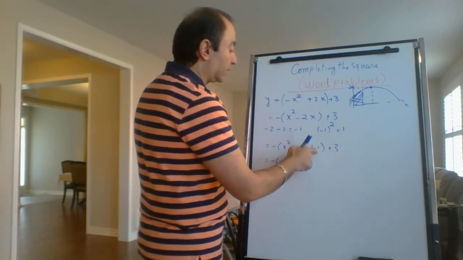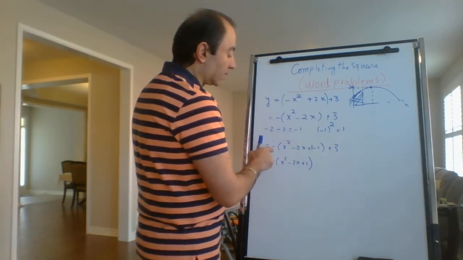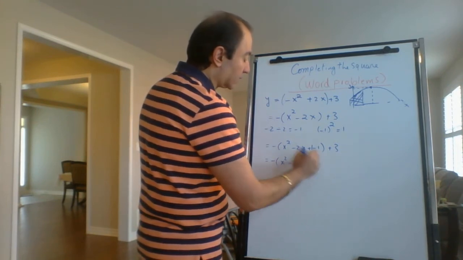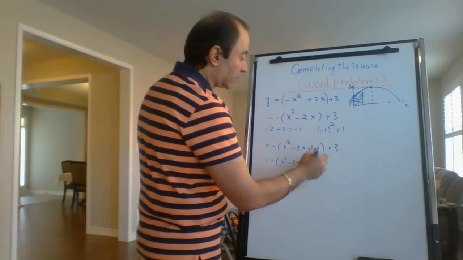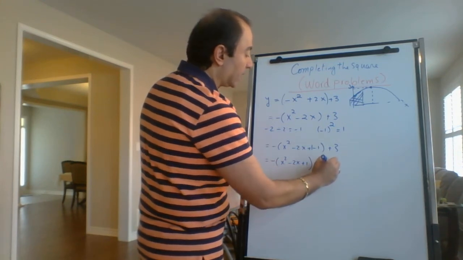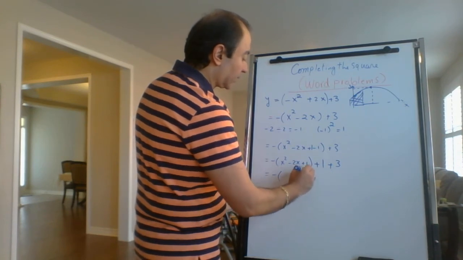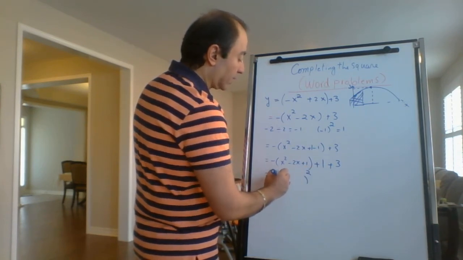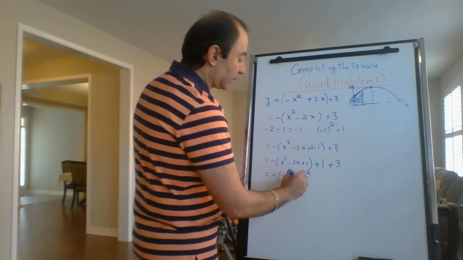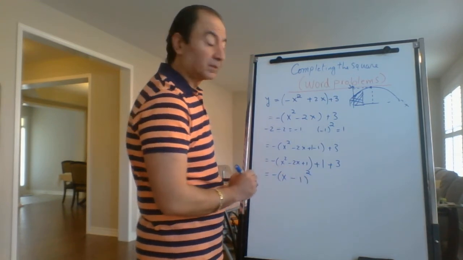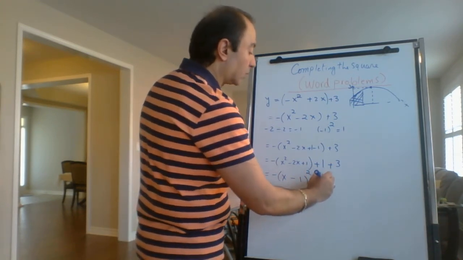But the negative value here is not free, it is multiplied by the -1 outside, so we have to multiply. -1 times -1 is +1, so we add 1 and +3. Now the last step is factor the perfect square, so square root of the first, sign of the middle, square root of the second. Then we combine those like terms.